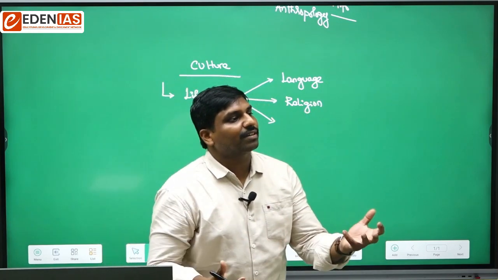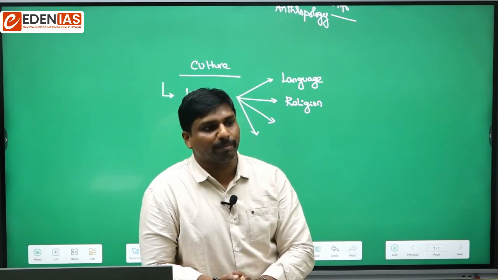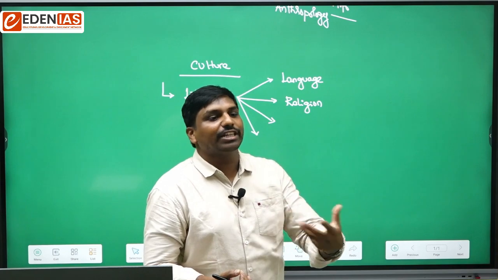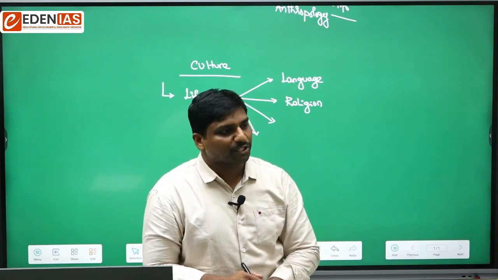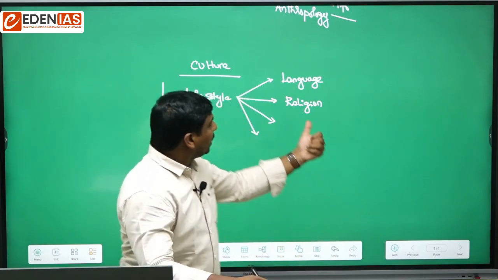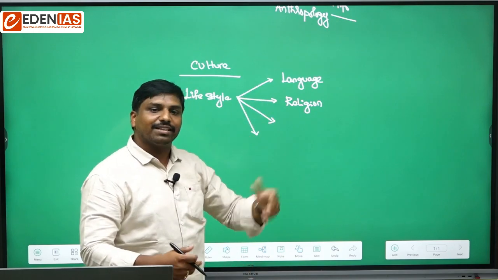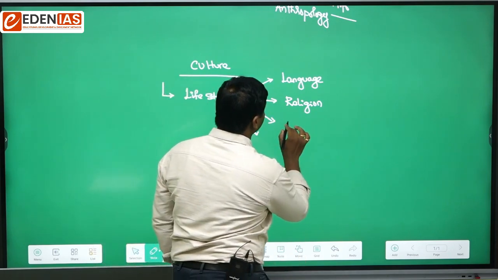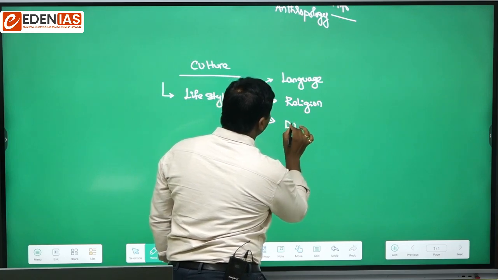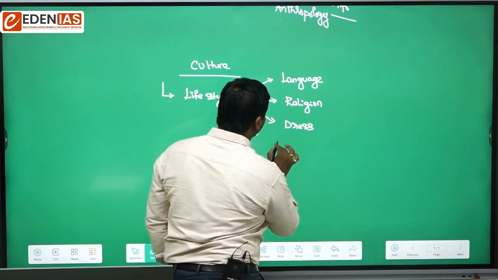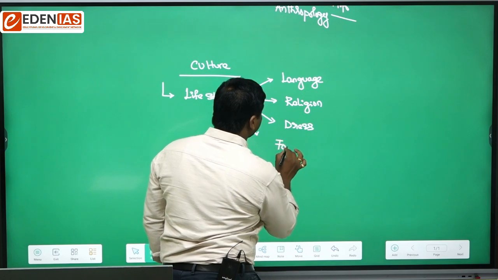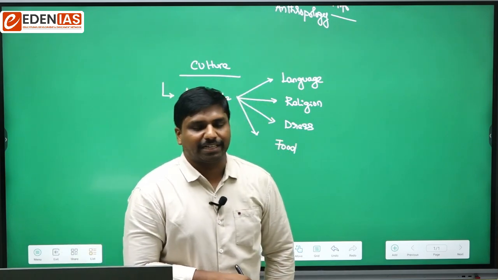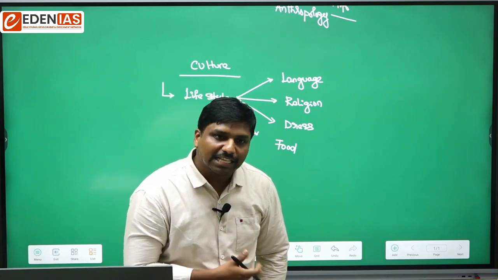Every person is born into a particular religion, and he will have particular religious beliefs. From that perspective, religion also would be part and parcel of his lifestyle. Then other aspects, like the way he dresses or the way he eats, are in a simple manner nothing but various aspects of lifestyle.